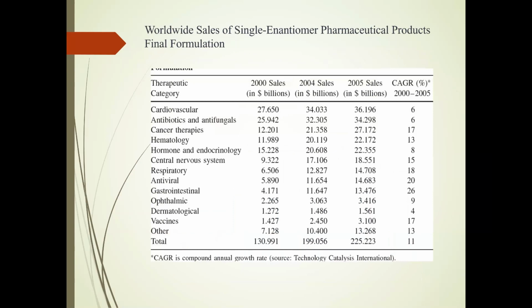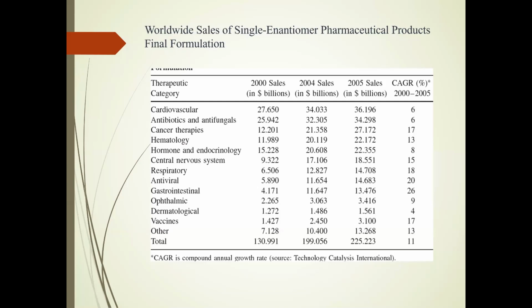Having a look at the final formulation worldwide sales for enantiomer products, we see that in 2005, a total of $225 billion of chiral drugs were sold in the pharmaceutical industry.